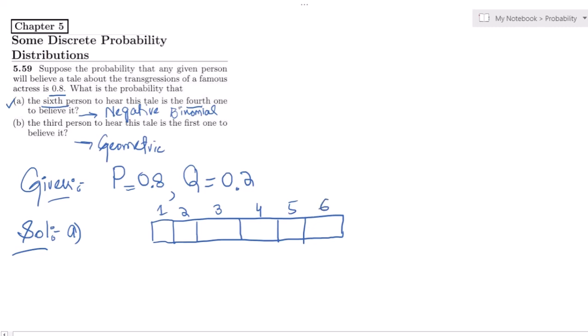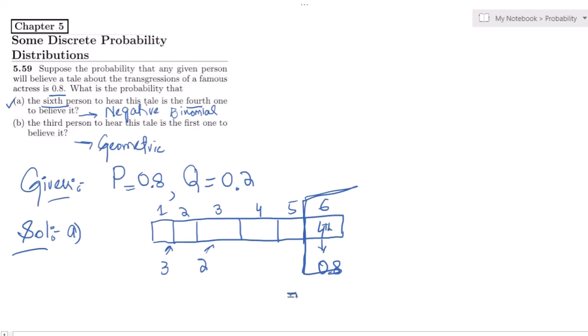Here the sixth is the fourth person who will believe it, and this person has the probability of 0.8. So this probability and this position are fixed. The 3 remaining believers will be among the earlier slots, and also the 2 who don't believe are among them, so there can be any combination of them.